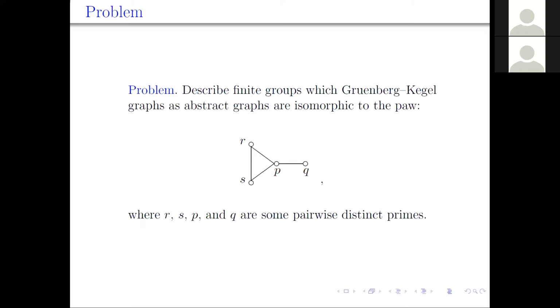The structure of solving this problem consists of three big steps. The first step was to study the case when the group G is almost simple. The second step was to study the case when the group G is non-solvable, and the third step was to study the case when the group G is solvable.